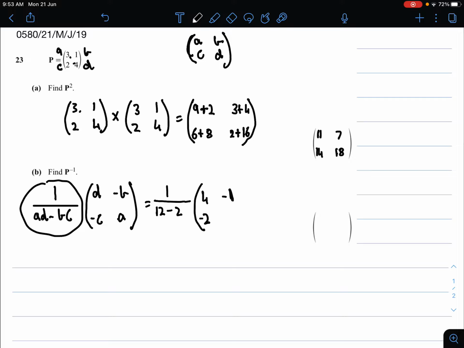And for A, you directly write the value of A in the bottom right, like this. So your final answer would be 1 divided by 10 multiplied by 4, minus 1, minus 2 and 3. Therefore this is your final answer for part B of this question.